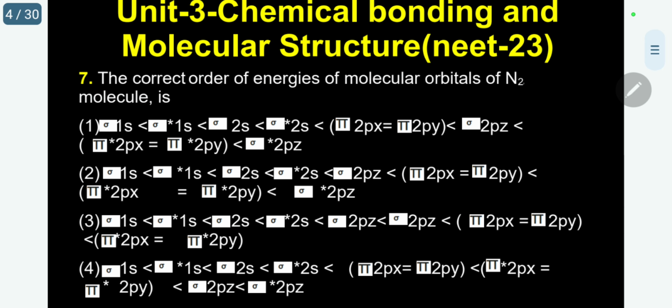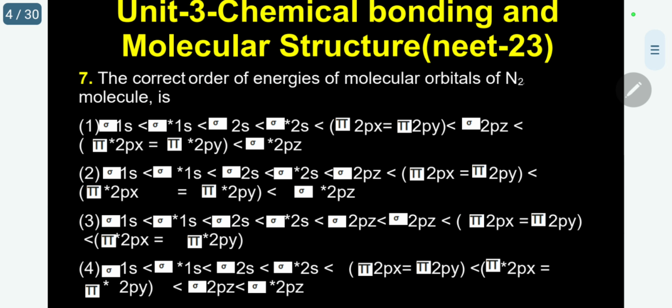You will get the bond order. The most important information: if the bond order is 0, the molecule will not exist. So with the help of molecular orbital theory, we can find out whether a particular molecule exists or not.